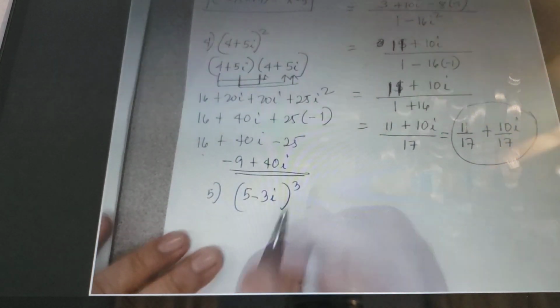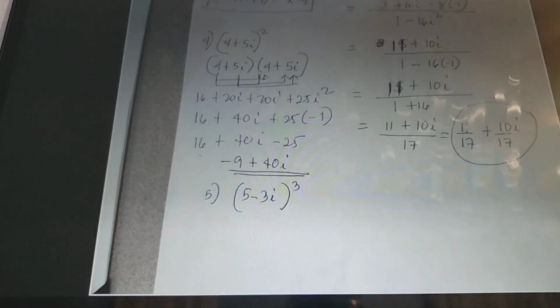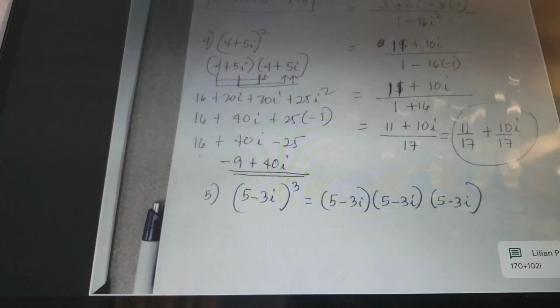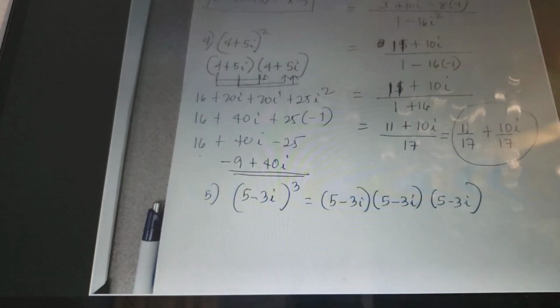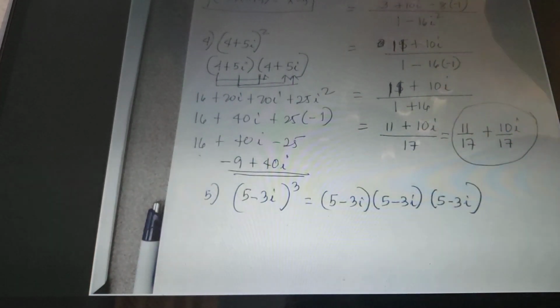Now try to solve number 5: 5 minus 3i quantity cubed. Dylan, you missed a little negative. Yeah, correct. You got it, if you put the negative.